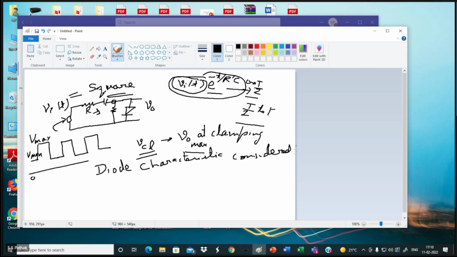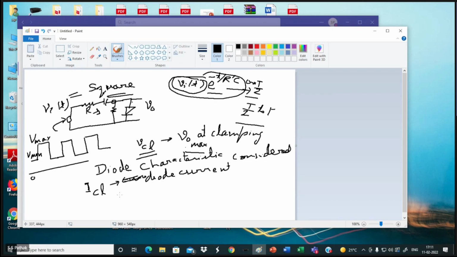It is coming like this. So what happens at the VCL? What is going to be the current through the capacitor, or you can say the current through the diode, ICL? A diode current at the clamp voltage, that maximum voltage.